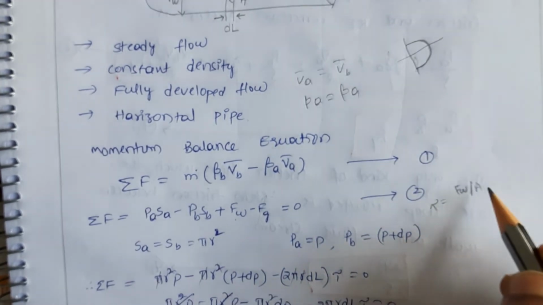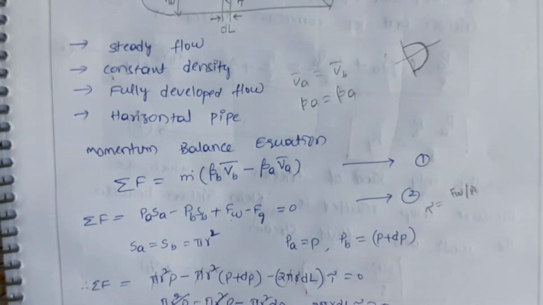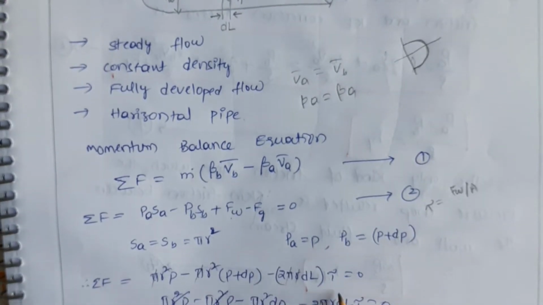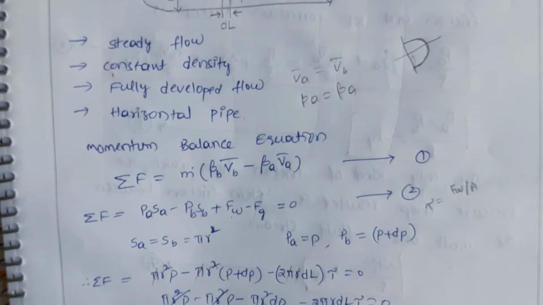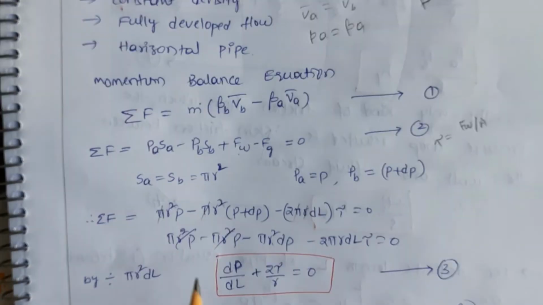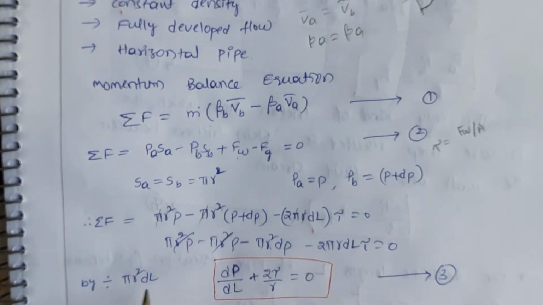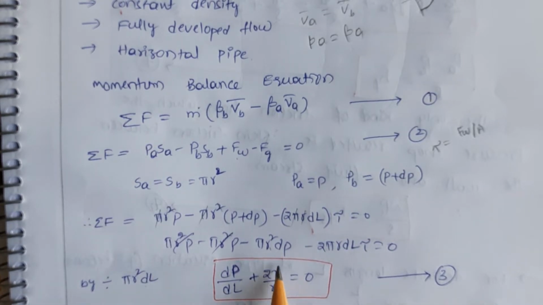From this surface area, we will write 2 pi r dl for the visualized disc-like fluid element. By dividing this expression by pi r square dl, we will get this equation. For the entire cross section, by taking this for a fluid element, this is the expression.